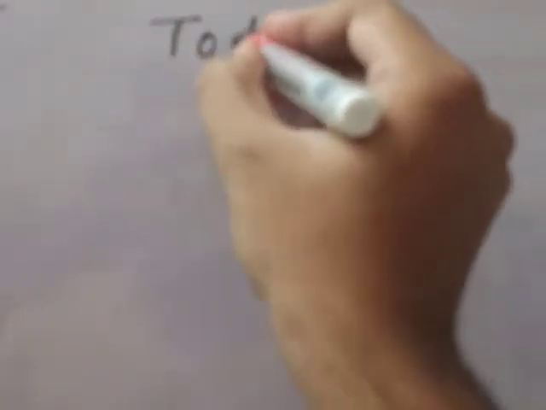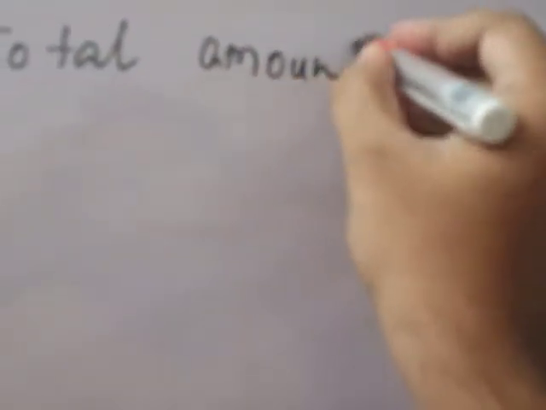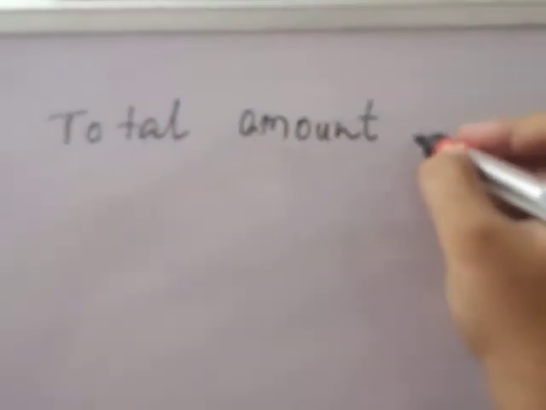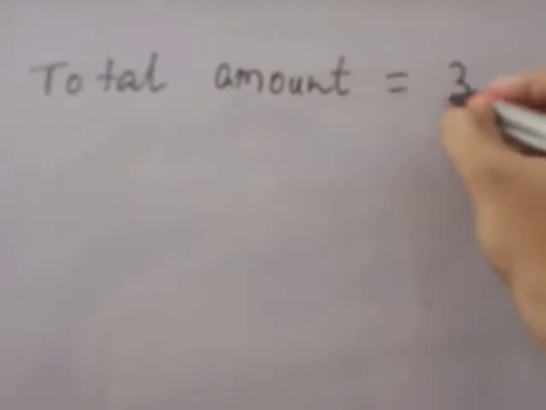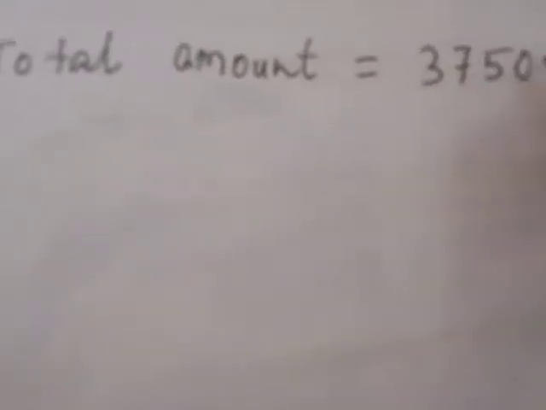Now number 4. So in number 4, see that a man has rupees 37500. So the total amount equals 37500.